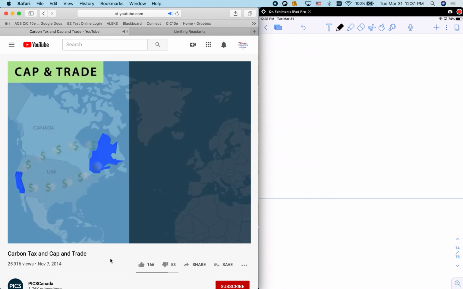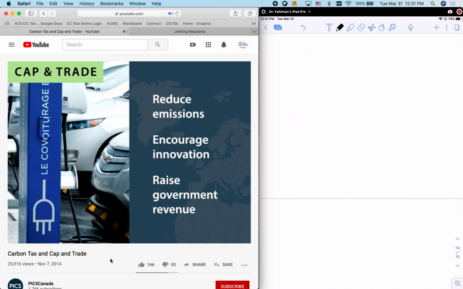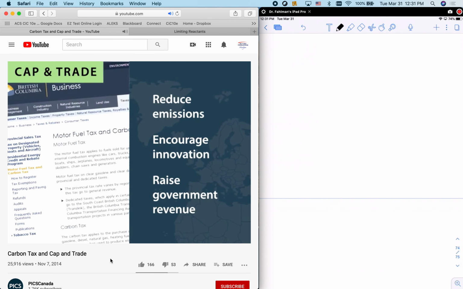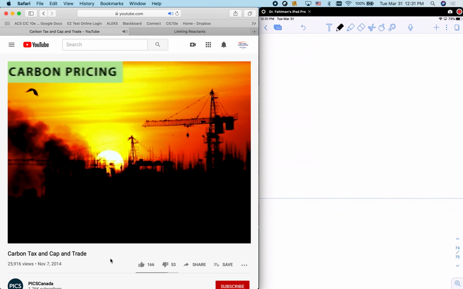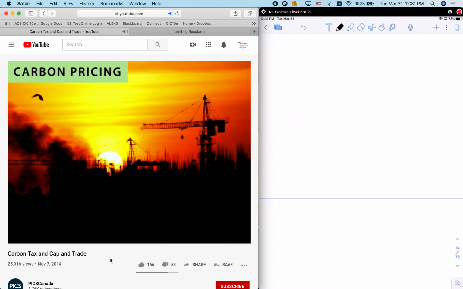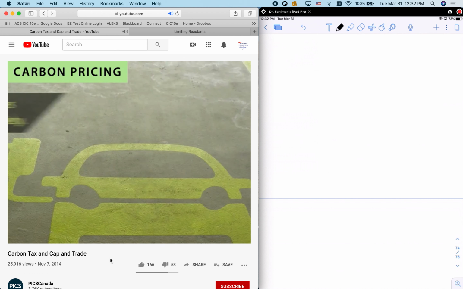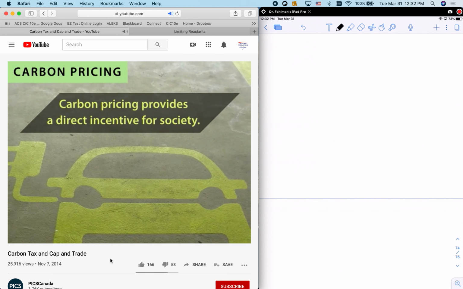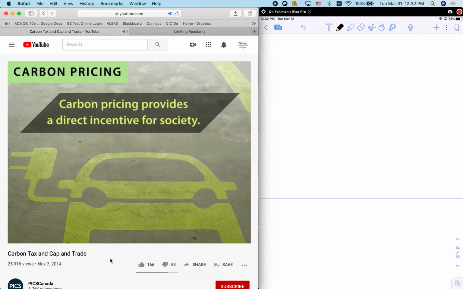Like direct carbon taxation, cap and trade systems reduce emissions, encourage innovation, and raise government revenue, which can be used to support energy-efficient infrastructure, tax code adjustments, and adaptation to climate change. It has become clear in recent years that putting a price on carbon is the most effective and easiest way to reduce emissions. Such a price provides a direct incentive for society to move toward a low-carbon economy, and is catching on.